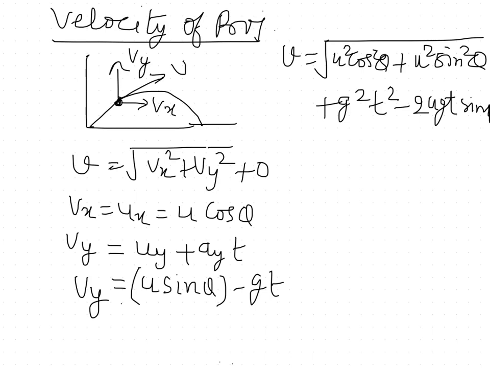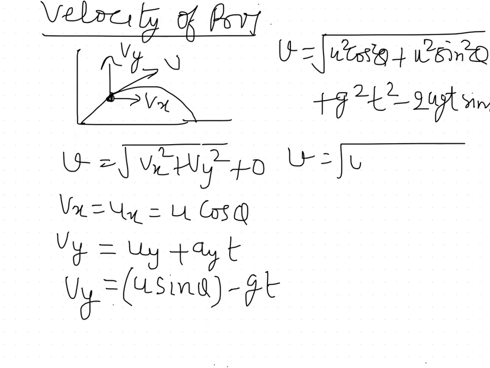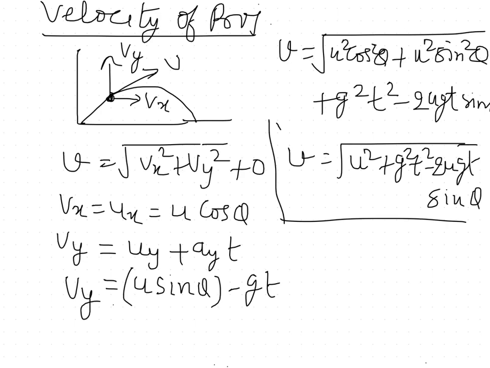On solving, we get v equal to root of u square, as cos square theta plus sin square theta becomes equal to 1, plus g square t square minus 2u gt sin theta. So by this formula we can calculate velocity of the projectile at any instant.